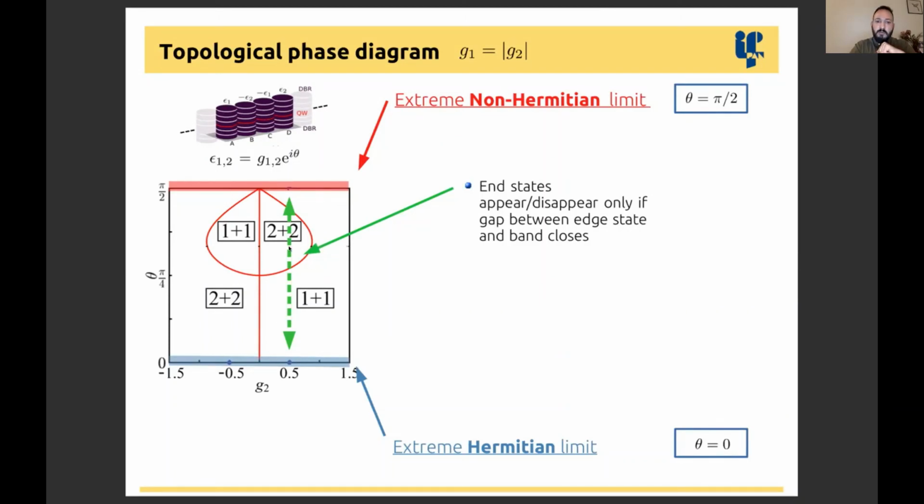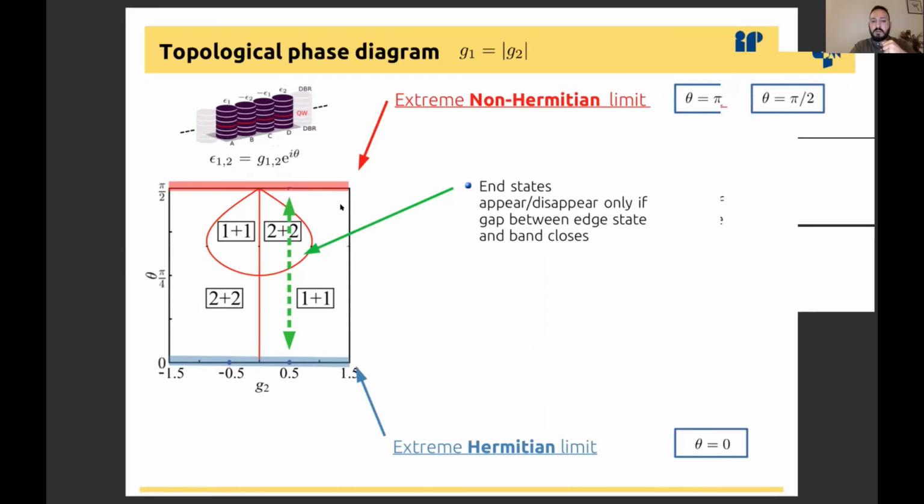While if we change theta closer to a smaller value of G2, we have these exotic phases. So this is what I tried to show you. Here, when we increase theta far from G2 equals 0, there are no topological exotic phases.